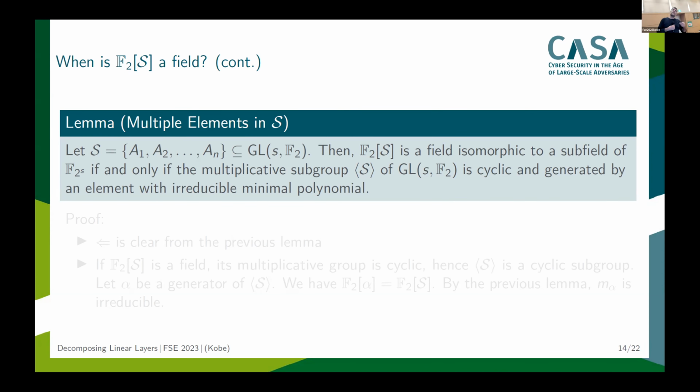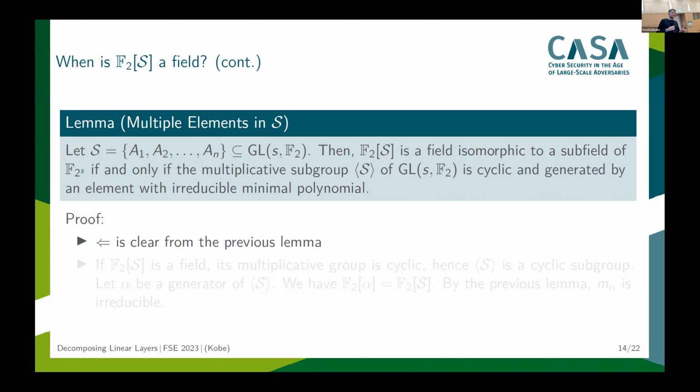And so the statement that we prove in the paper, I'll give a short proof here, is that this is a representation of a finite field if and only if the multiplicative subgroup is cyclic and the generator of this subgroup has an irreducible minimal polynomial. Let me give you a short proof. If it's cyclic and generated by an element with irreducible minimal polynomial, that's exactly the lemma before.